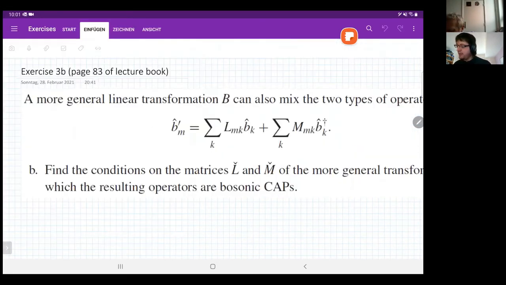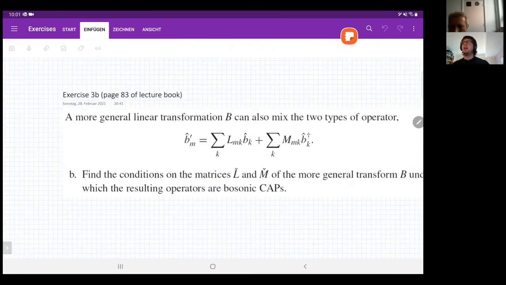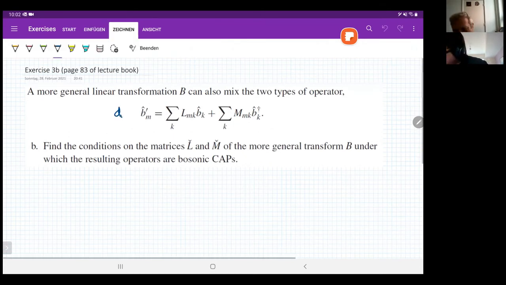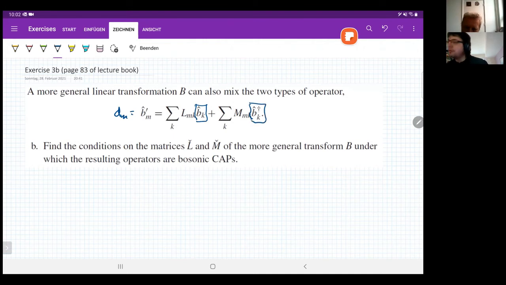In the B, we have a bit of a more general linear transformation, which now mixes our d_M, where we now have a mixture between our annihilation and also our creation operators.